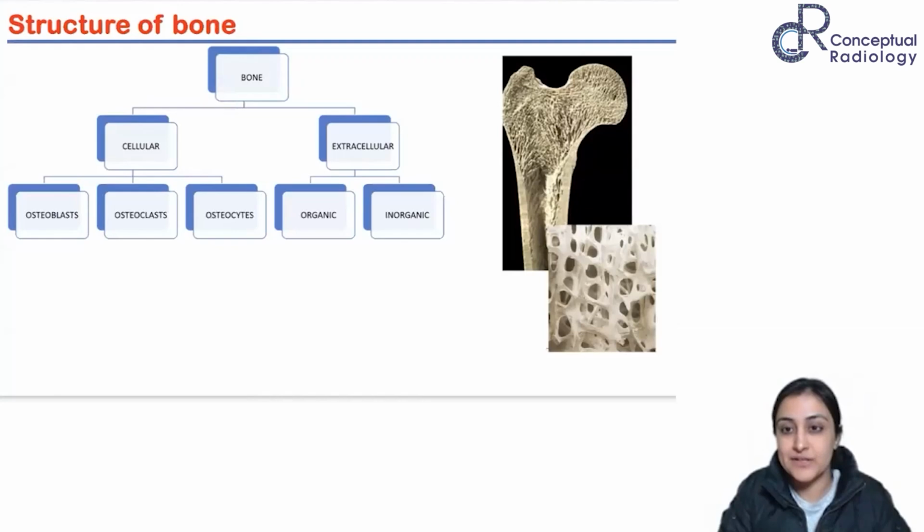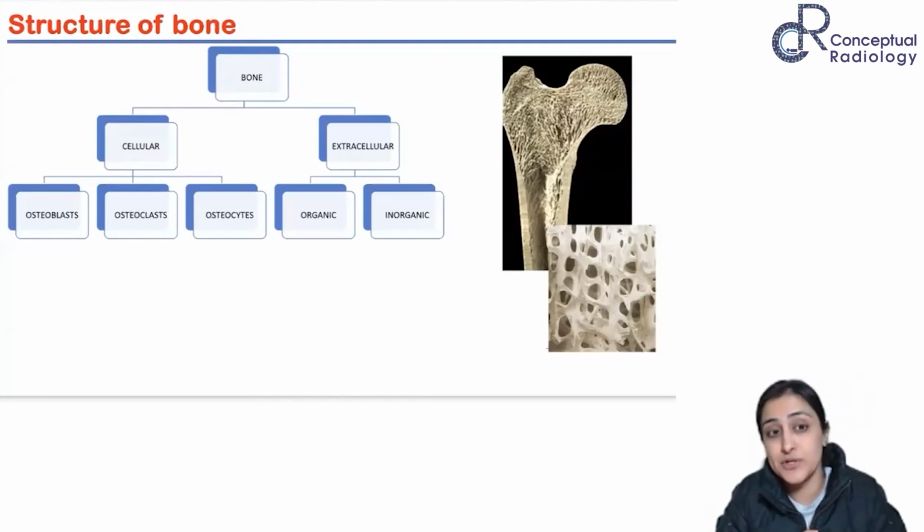Even though we talk a lot about cells and how they contribute to metabolic bone diseases, the cells only constitute around 2% of the entire structure of bone. The main constituent is going to be the extracellular matrix.